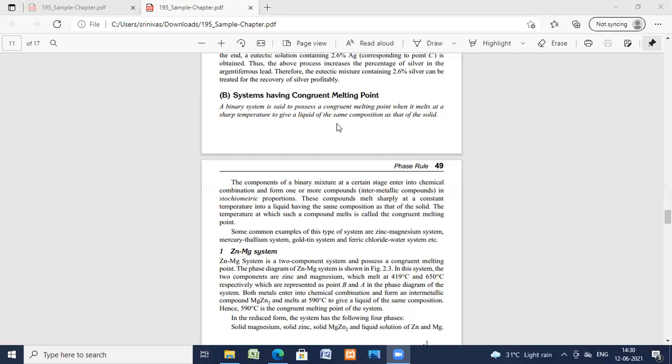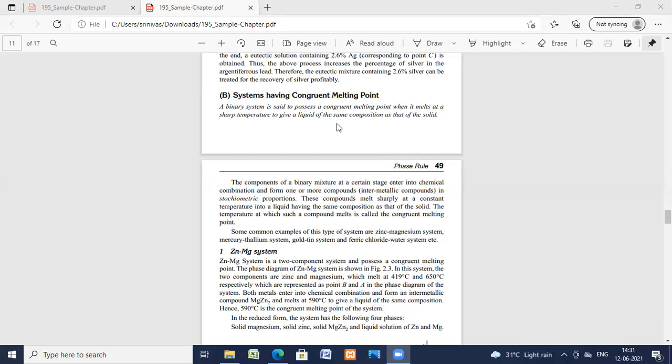That is called component. Water has 3 phases: ice, water, water vapor; solid, liquid, vapor. So the component is 1, the phases are 3.